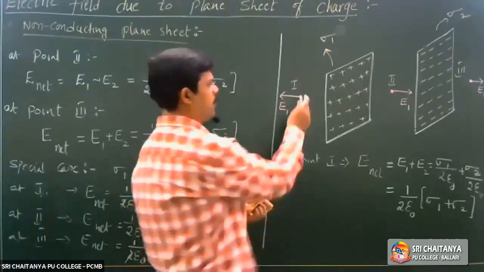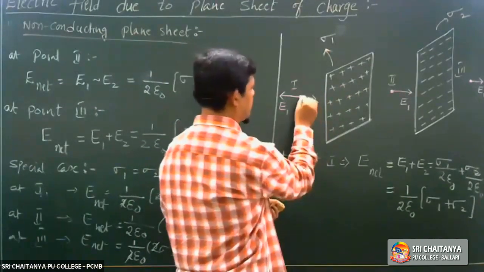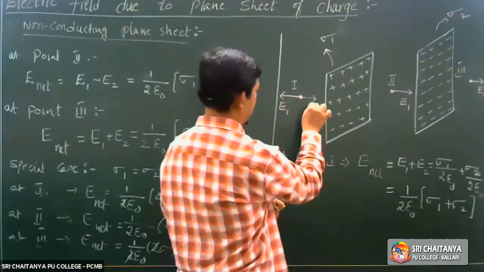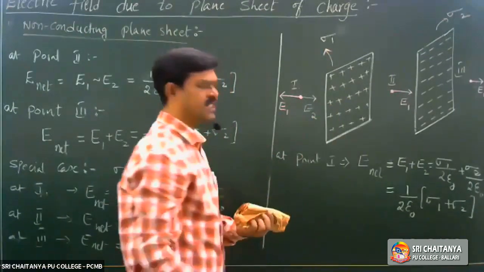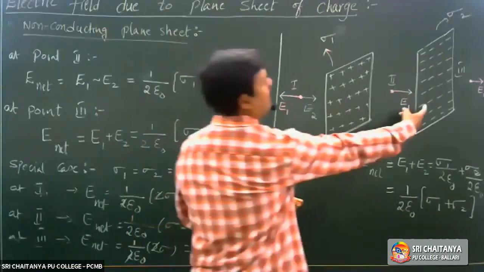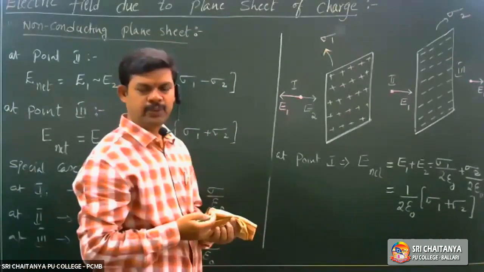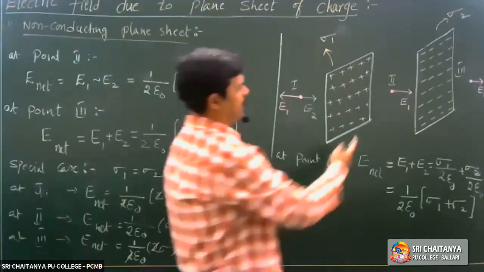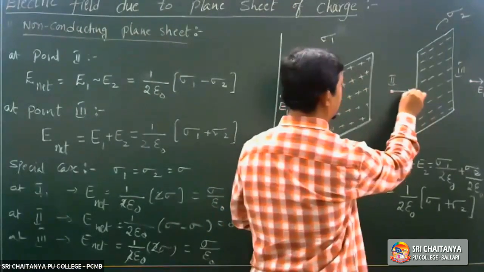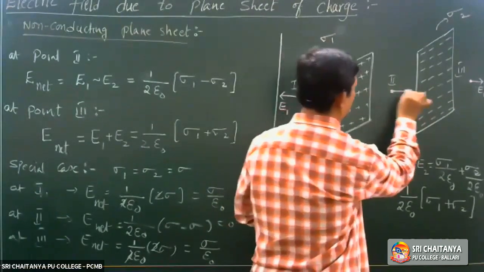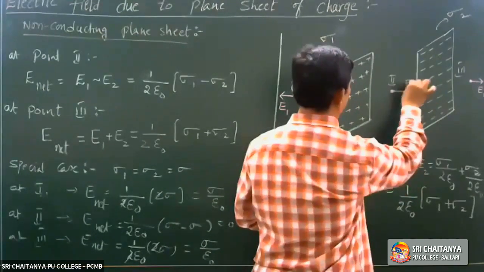E2 at this point towards that plate means like this. This is E2. I hope you understand this. Here is negative field due to that towards that plate E2. At this point towards that plate, E2.